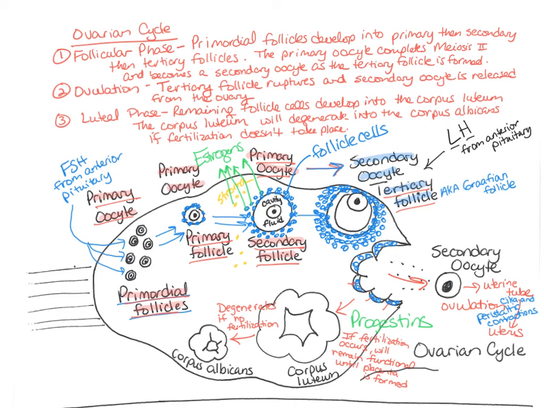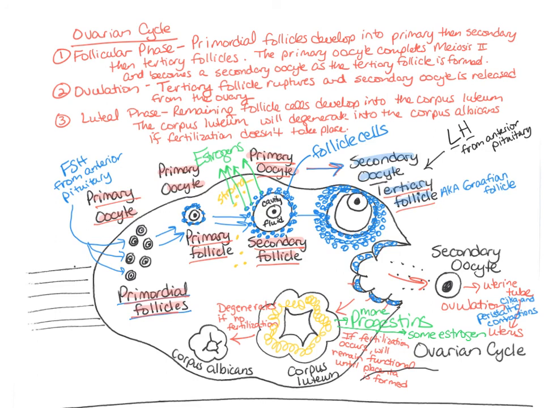After the secondary oocyte is ovulated and the tertiary follicle becomes the corpus luteum, estrogen levels decline and are still being secreted from the corpus luteum, but not in as high a concentration. However, the corpus luteum does secrete progesterones.